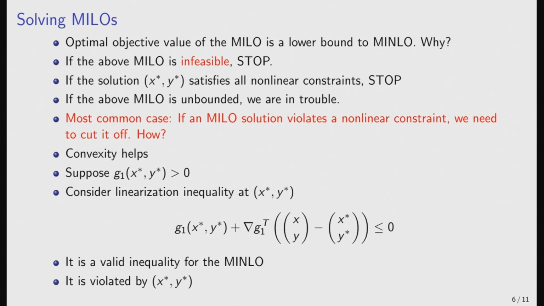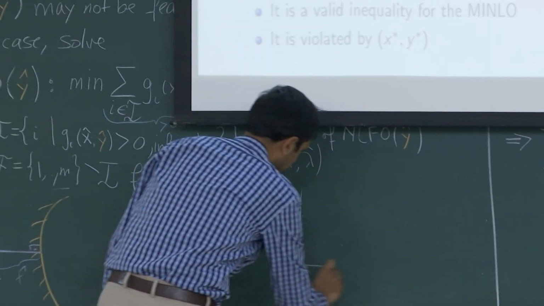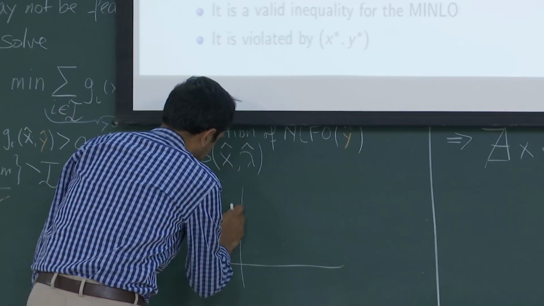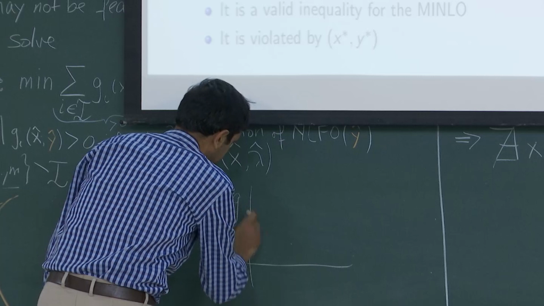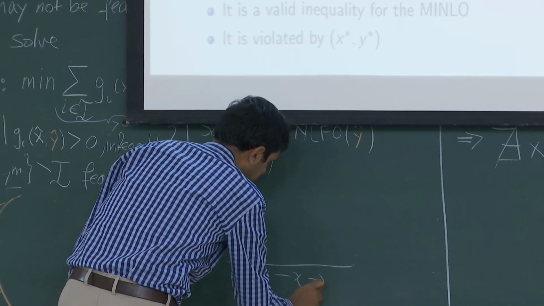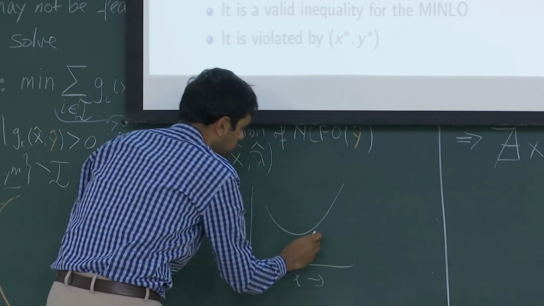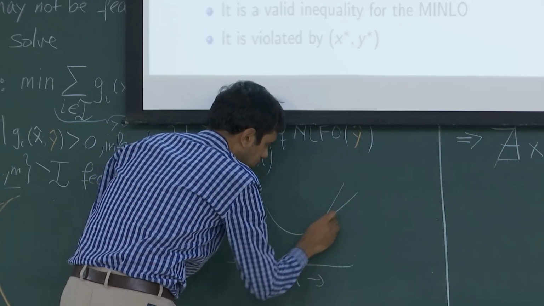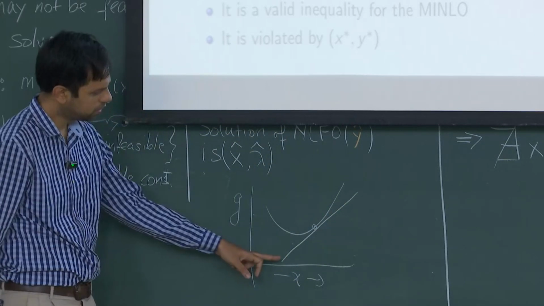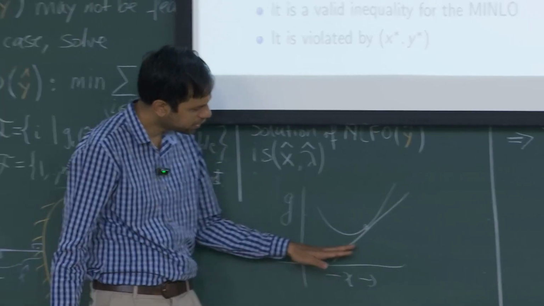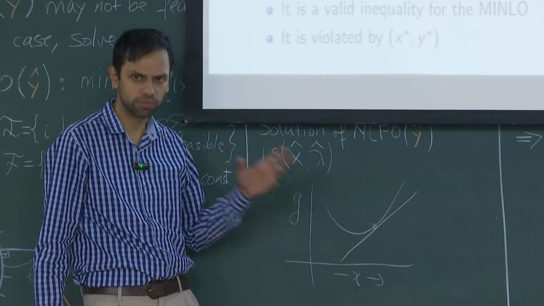Remember, this is the linearization of a convex function at point x star, y star, and for a one-dimensional function, we had drawn this picture: here we have the function g, and here we have x, and the linearization always lies below the actual function.